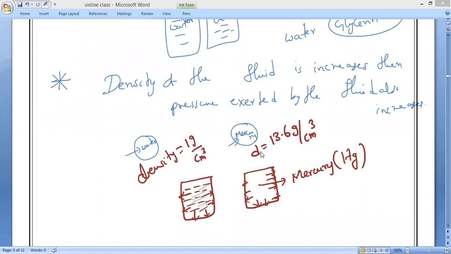So we cannot carry a mercury balloon for a long distance, because it will exert extremely greater pressure on the walls of the balloon and make it blast, because the density of mercury is 13.6 times greater than the density of water. Is it true or not, everyone?